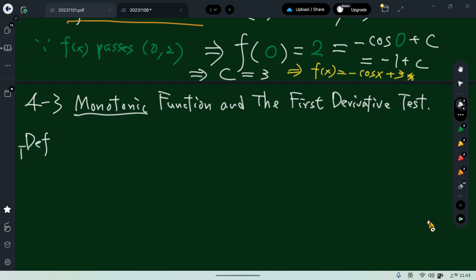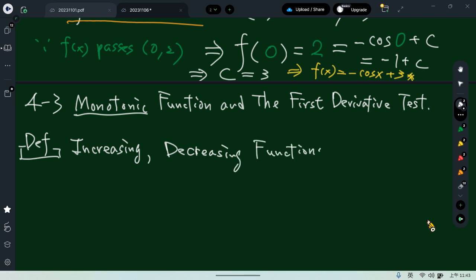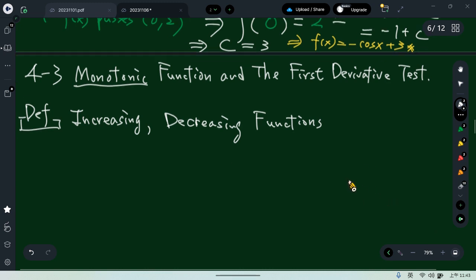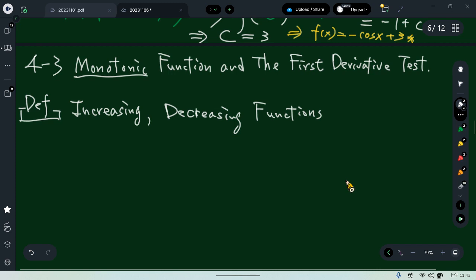We need to define increasing and decreasing functions. Actually, you are supposedly quite familiar with these two kinds of functions, but we just have a formal definition for this.